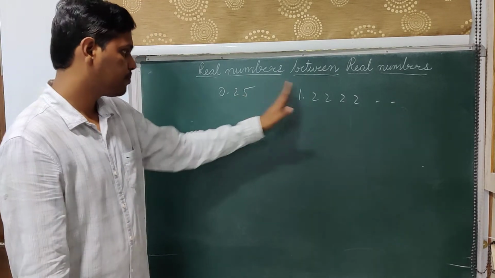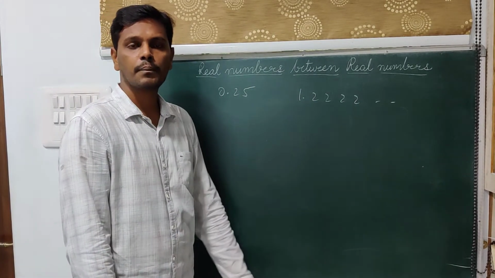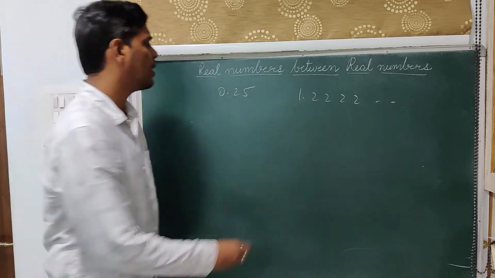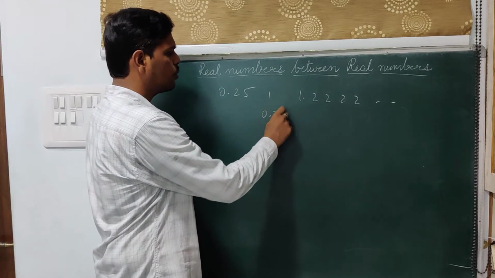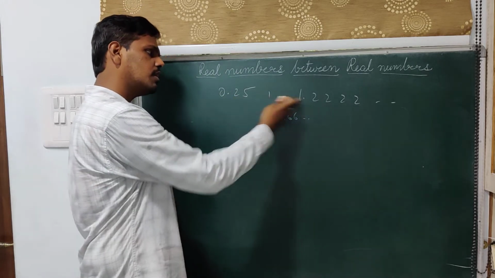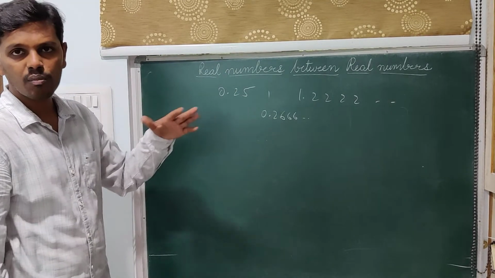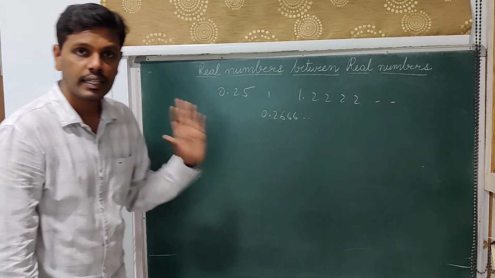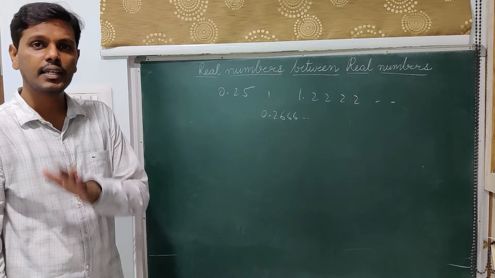So these are your two rational numbers, and if you want a rational number between these two, you can easily write 1, or you can also write 2.666, that is also between these two.